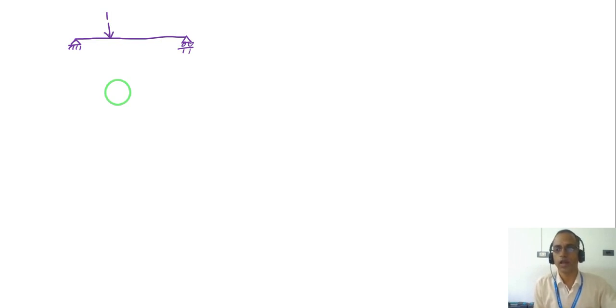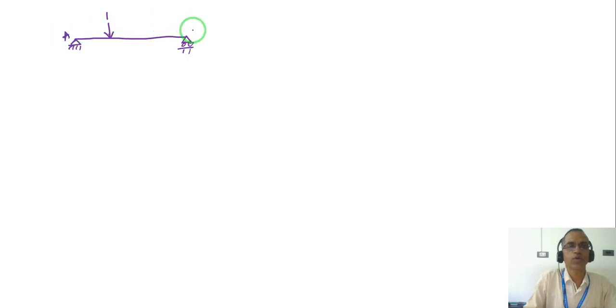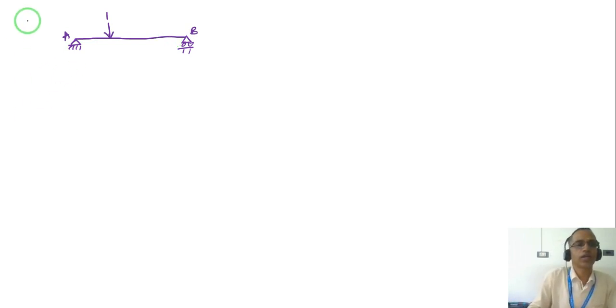Now, due to a unit load, by definition the influence line is a curved line for the unit load when the unit load is moving from one support to the next support. So now, let us see the influence line diagram for reaction.